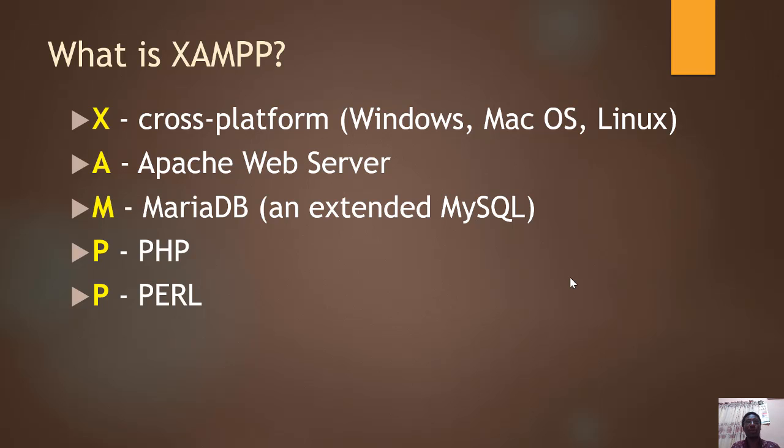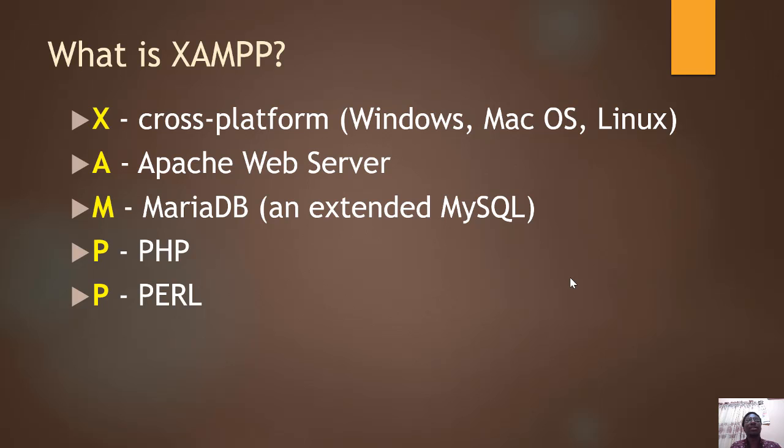It used to be MySQL, but from maybe 2015 or thereabout, MariaDB has replaced MySQL. MariaDB is an extended MySQL. It has more features, and it is completely open source, especially after MySQL was taken over by Oracle.